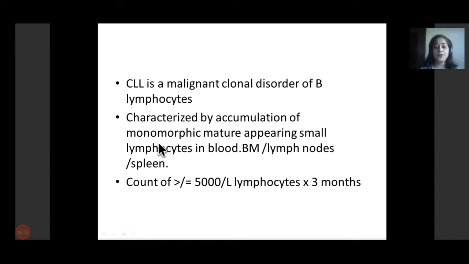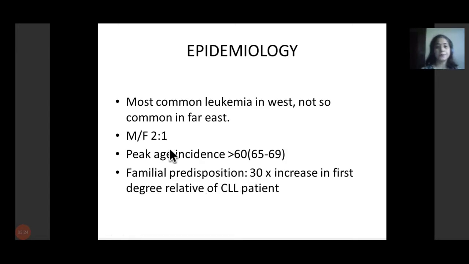That is, we have to have 3 components in this, that is persistence of lymphocytosis with an absolute lymphocyte count of more than or equal to 5,000 per microliter.